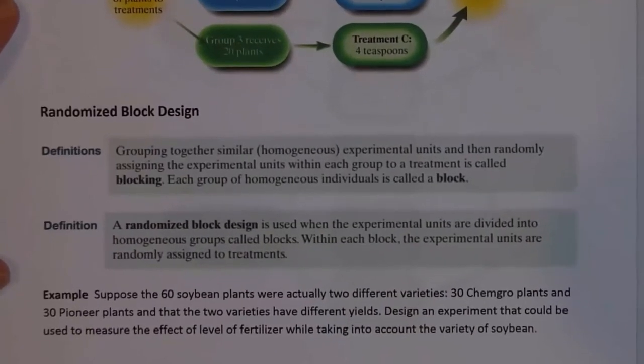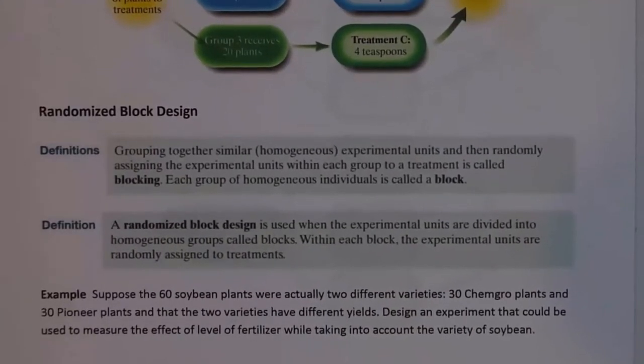Next, we're going to look at a randomized block design. Now, a randomized block design, it's very similar to the completely randomized design, except in a randomized block design, we're going to have another variable that we are maybe taking into consideration. And that other variable we're going to block together.